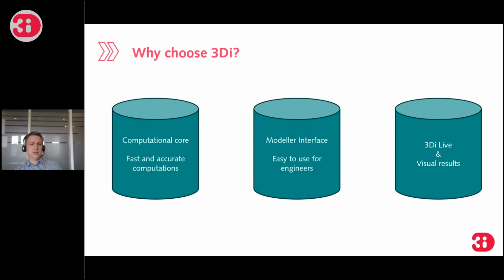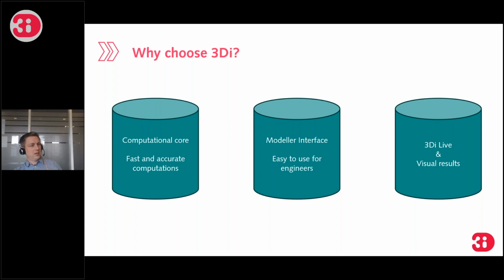So why choose 3DI? Why choose 3DI in an urban context? Because you want to have the fastest and most accurate computations. You want to make sure that the investments that you're doing in the urban area for the climate adaptation, for the mitigating measures, are the right investments. We're making it easy to use for engineers.